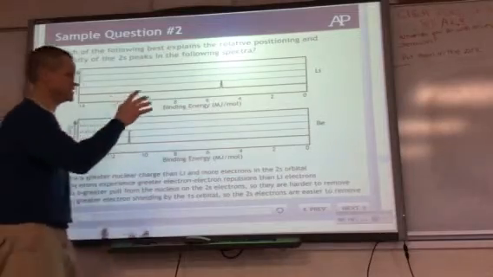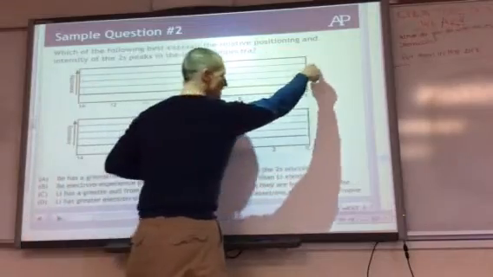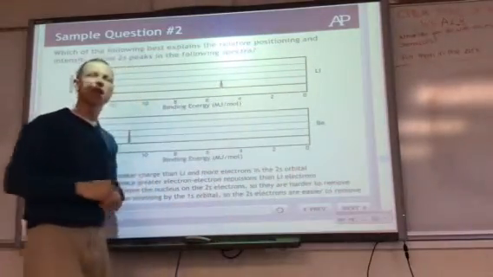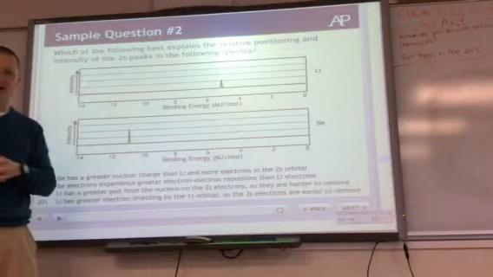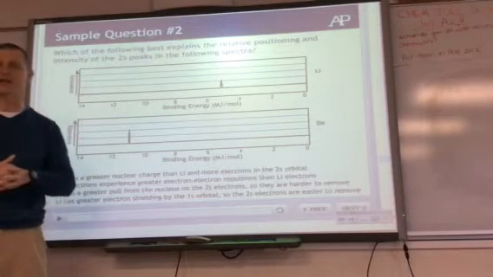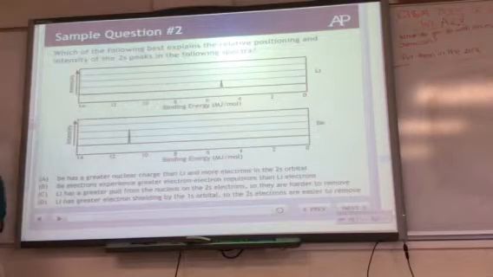Now, I didn't even notice this until I had to look at this for a while, but this one is lithium, and this second one is beryllium. And they're asking you to compare the 2s electrons only. You see the 1s is not even present. What about the 2s electrons in lithium and beryllium? It asks you to compare the position and the intensity in terms of the height.